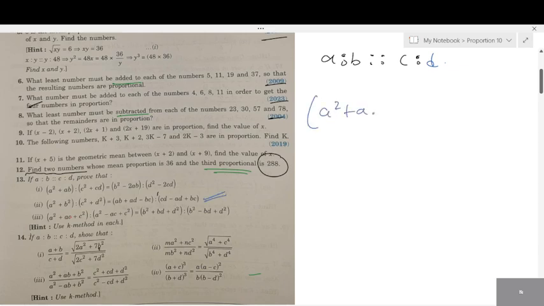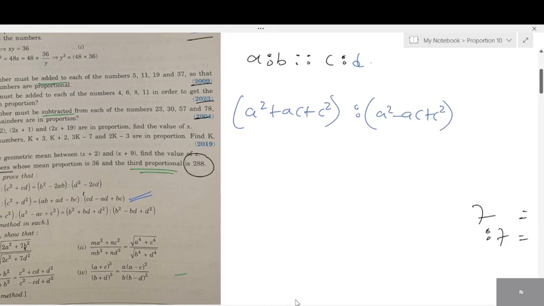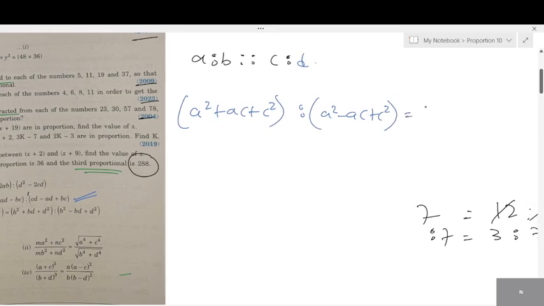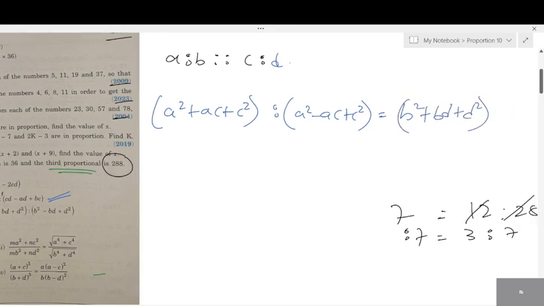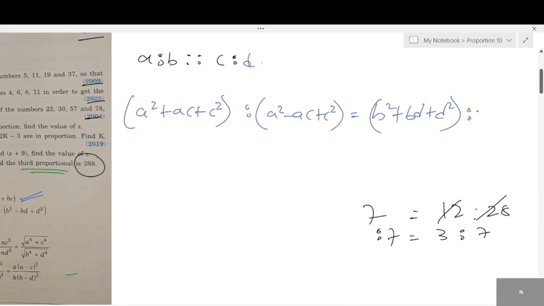A square plus AC plus C square is to A square minus AC plus C square. You have to show that this is equal to B square plus BD plus D square is proportionate to B square minus BD plus D square.